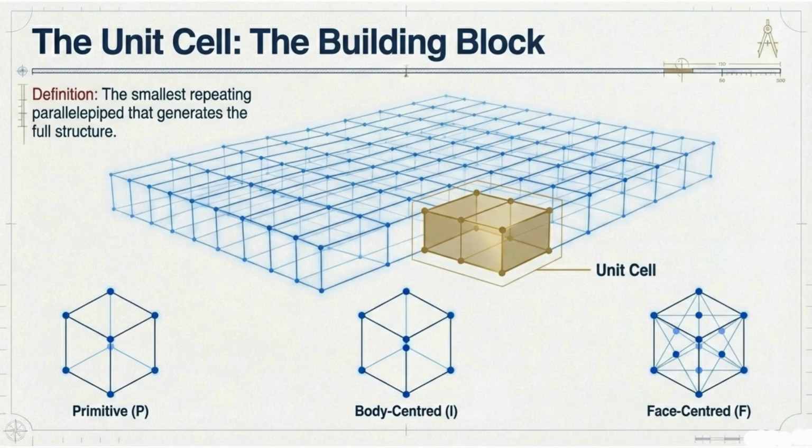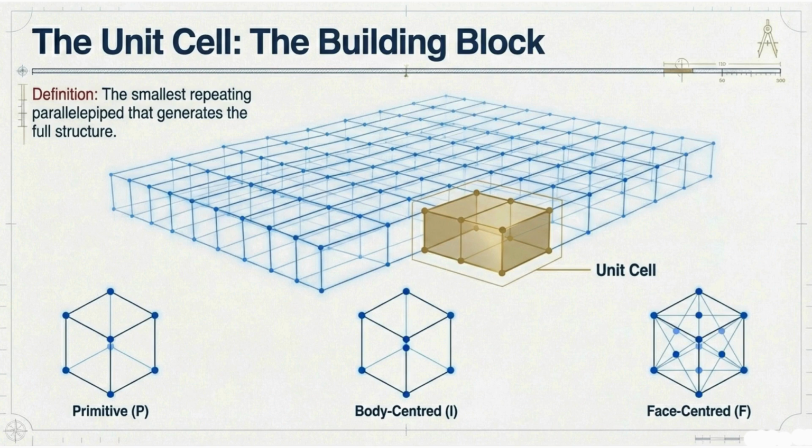Here, there is another important concept, the unit cell, which is the building block of the crystal structure. It can be defined as the smallest repeating parallelepiped that generates the full structure.